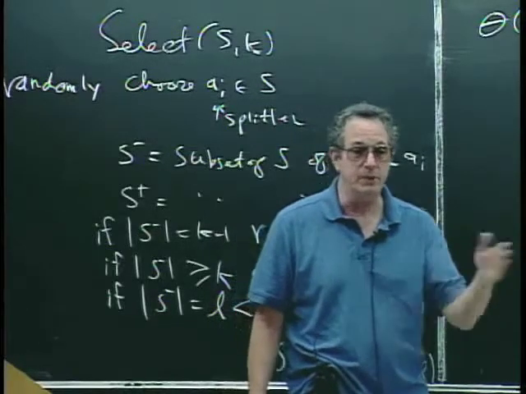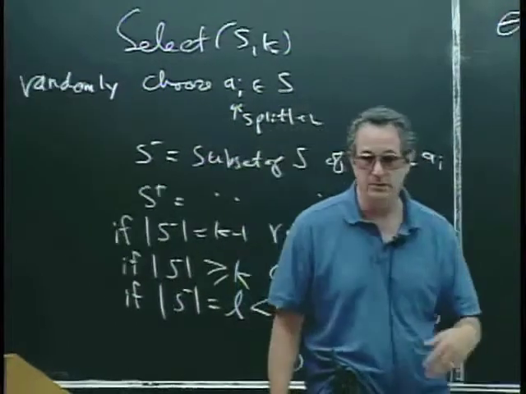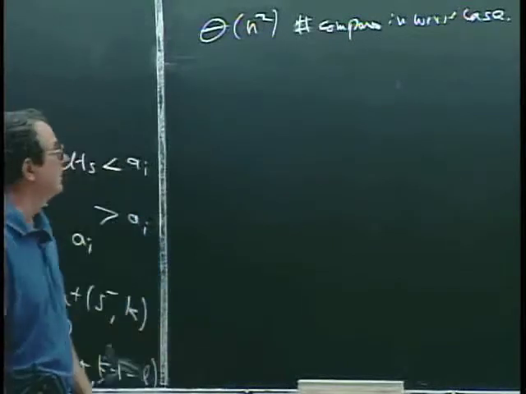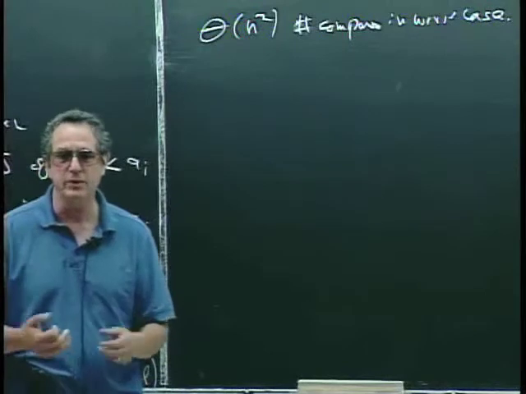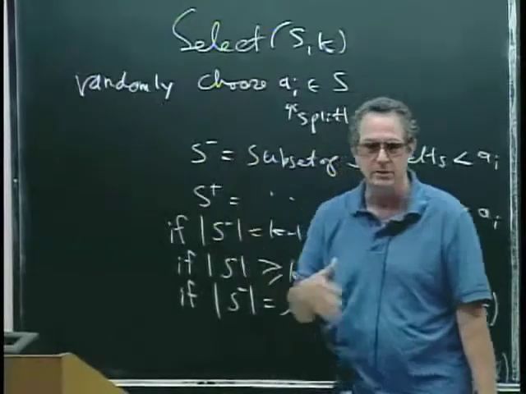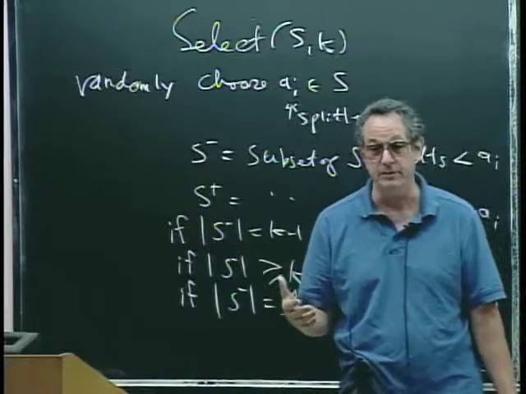But now, since you're picking randomly, that reason is defeated. And you can get the intuitive sense that when you pick randomly, you're not going to have those kinds of degenerate cases very often.